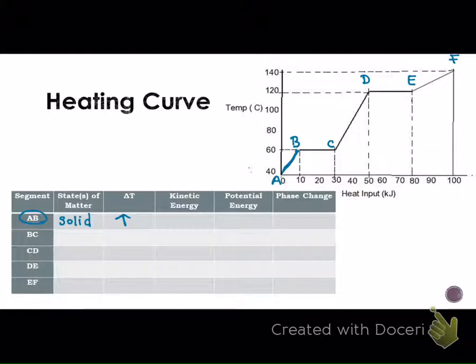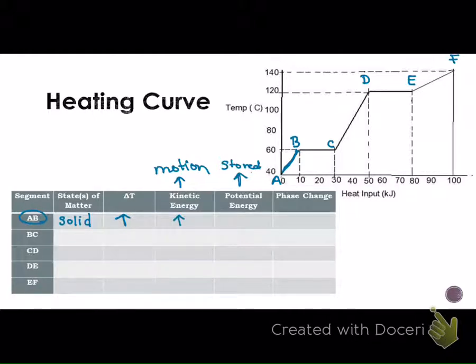So then we can talk about what is happening to kinetic and potential energy. Remember, kinetic energy is motion. Potential energy is stored. So because the temperature is increasing for this segment, that means the motion of the particles of whatever this material is going to increase. So that means kinetic energy is going to increase as well.